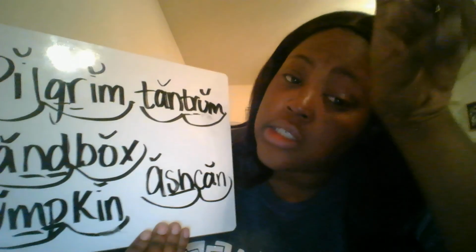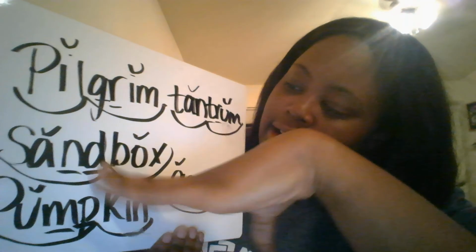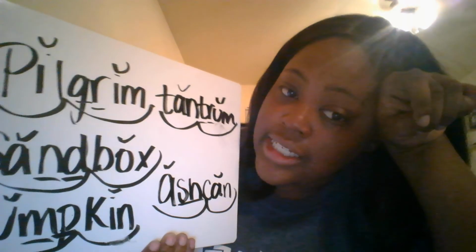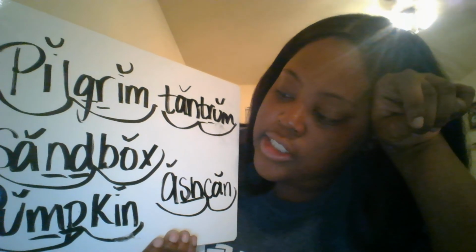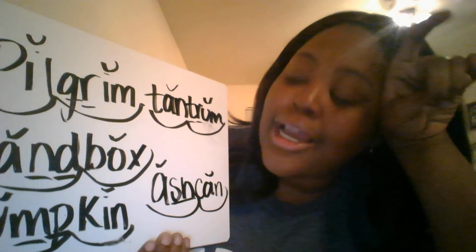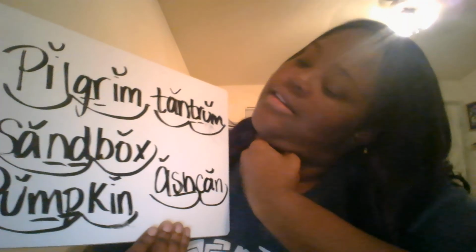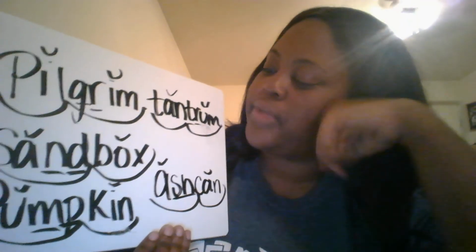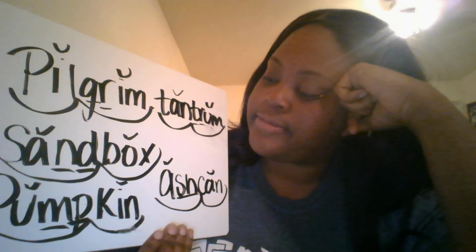Sandbox is an example of a compound word. However, you can still work the syllable division rule with it. A and O are my vowels. In between, I have an N, a D, and a B. That is another 3-letter consonant back-to-back deal. However, this time the blend, that ND in sand, goes with the first syllable, and then the B goes with the second.